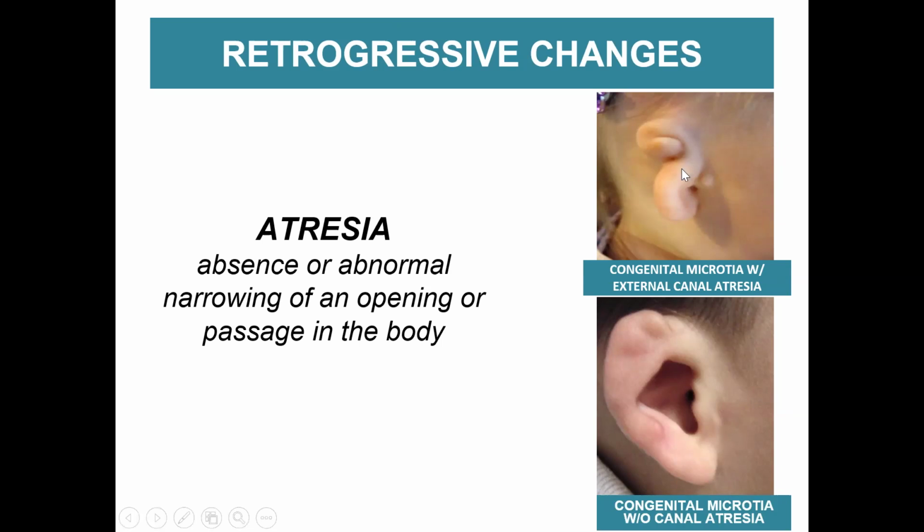Of course, if there is an absence of opening or an abnormal narrowing, the senses are also decreased. Here, with external canal atresia, hearing is still affected since your pinna or external canal is responsible for gathering the sound to deliver it towards your inner ear. It is still defective, but of course less severe as compared to external canal atresia.